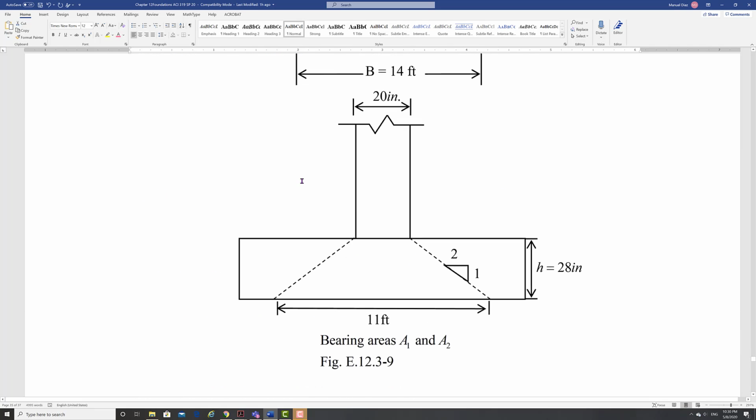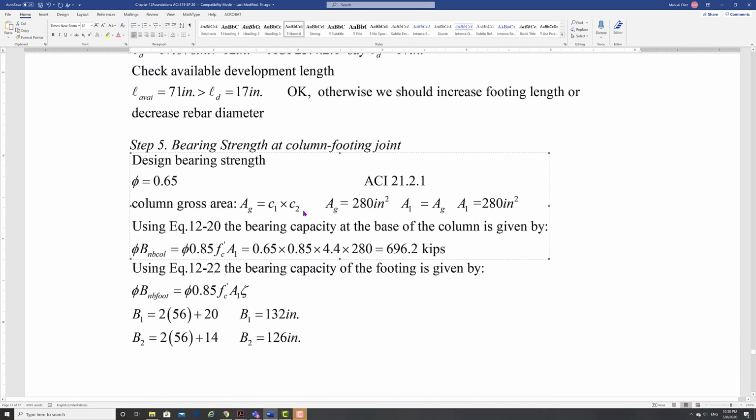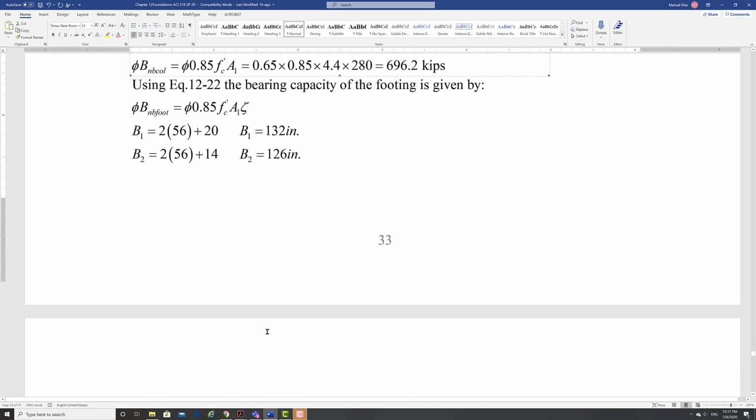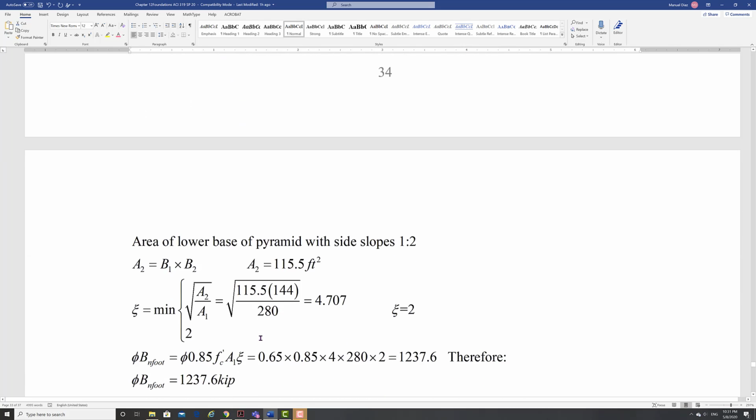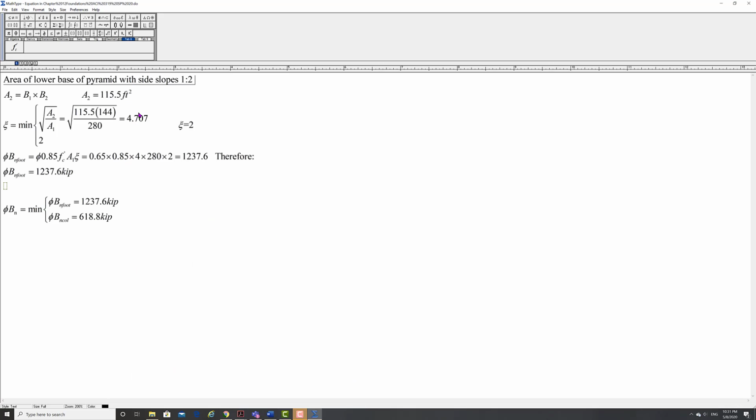That one is now 696.2. Oh, that means we should have changed the other one too, right? Yeah, we should have changed the other one too. So we need to change this one too, 4.5, and this one, right?